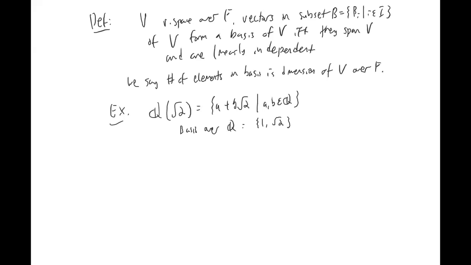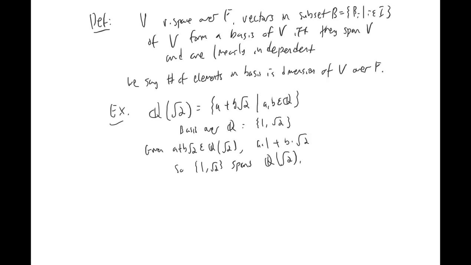Does it span Q adjoin root 2? Can I write any element in Q adjoin root 2 as a linear combination of these two elements? Well, yes. Given a plus b root 2, I can write it as a times 1 plus b times root 2. Not that hard, right? So this set spans Q adjoin root 2. Everyone follow?